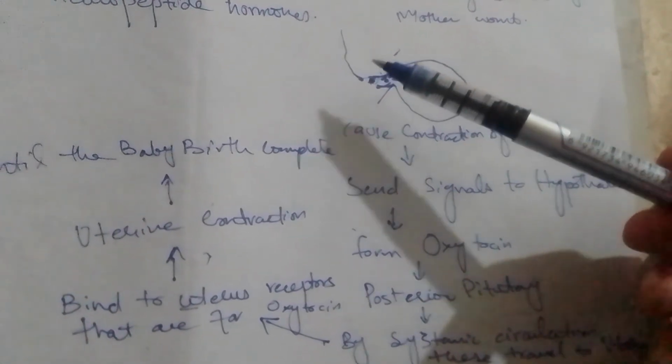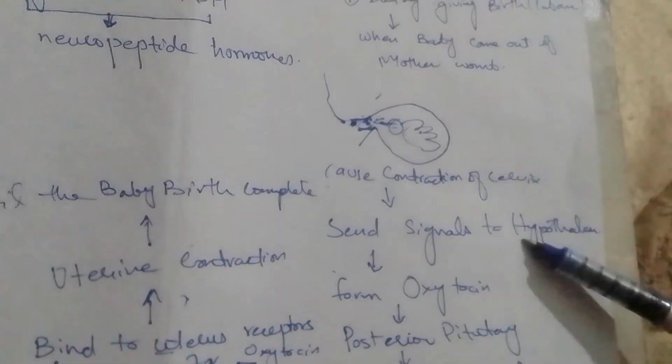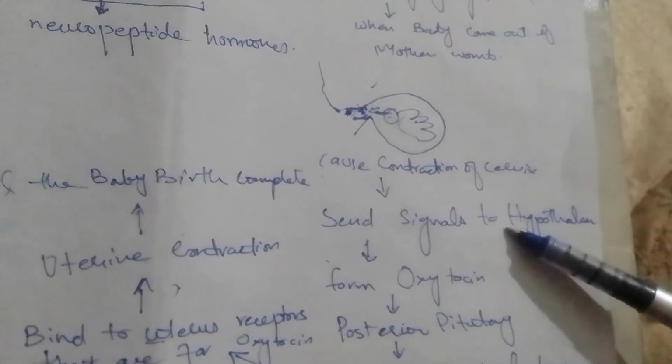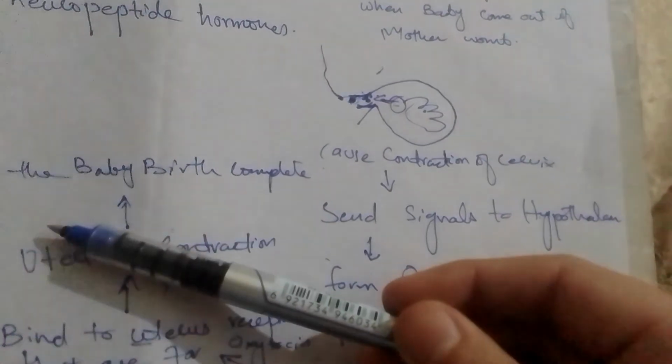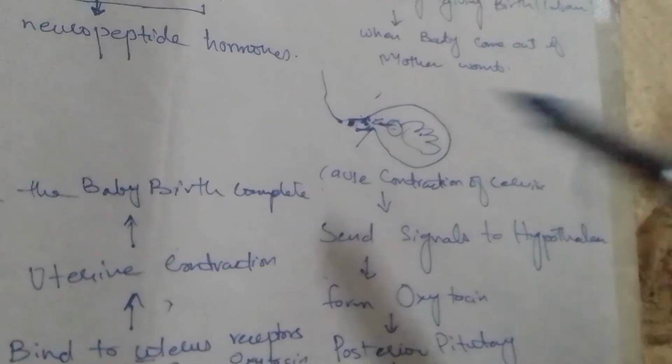If we repeat, the oxytocin released from the posterior pituitary travels by the systemic circulation to the uterus, uterine contraction pushes the baby, again contraction of the cervix, and the cervix is again the stimulus for the posterior pituitary to release oxytocin. Now we are going to discuss the second function of oxytocin, that is milk production from the mother's breast.